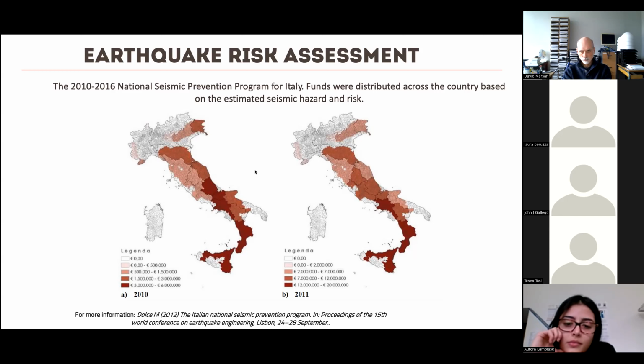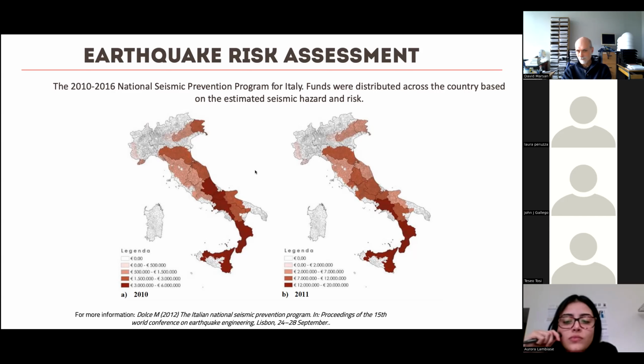It was basically showing how after the L'Aquila earthquake, the Italian government invested, I think it was 1 billion euros in risk reduction. And I remember telling Mauro that, my God, 1 billion euros, that's a lot. And then he told me that the civil protection estimated that 1 billion euros was only 1% of what was necessary to properly reduce earthquake risk in Italy, which was very impressive to me.